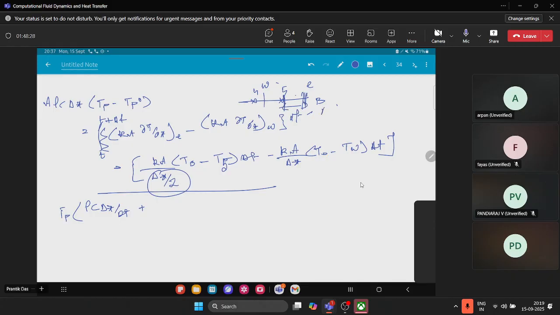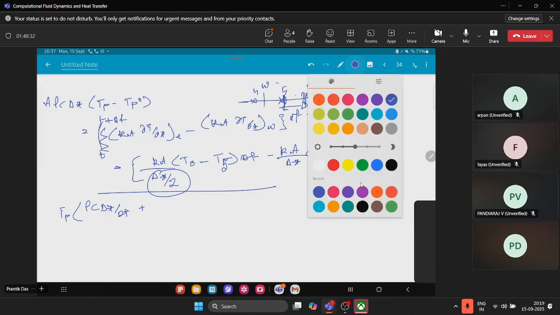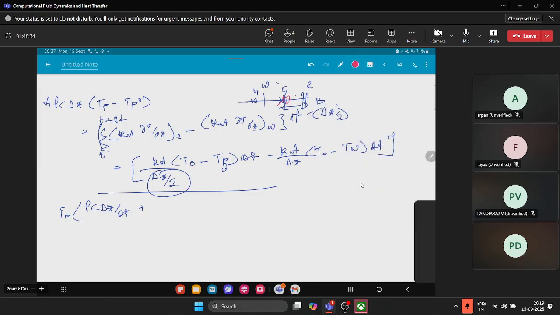We are using the forward difference formula here. This one is a boundary cell centroid.